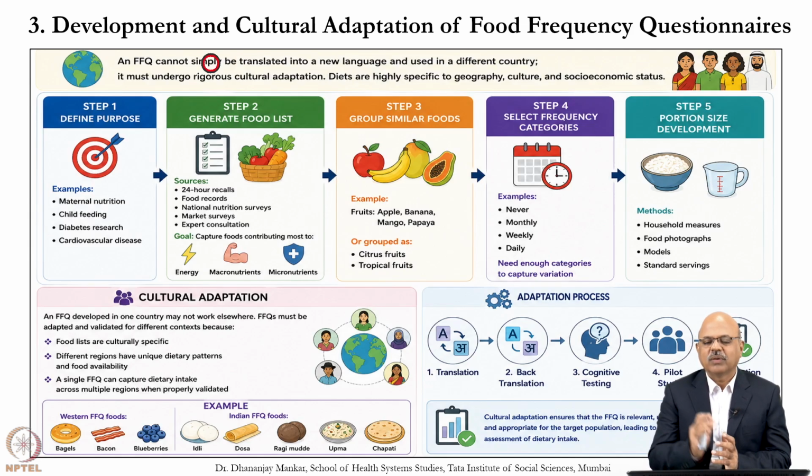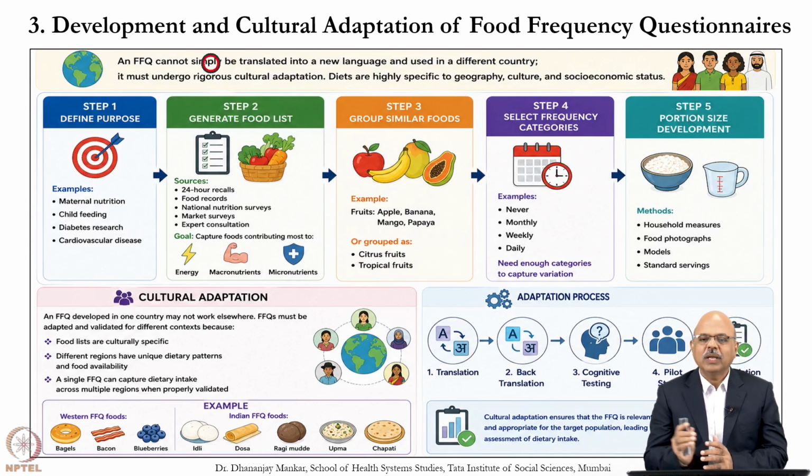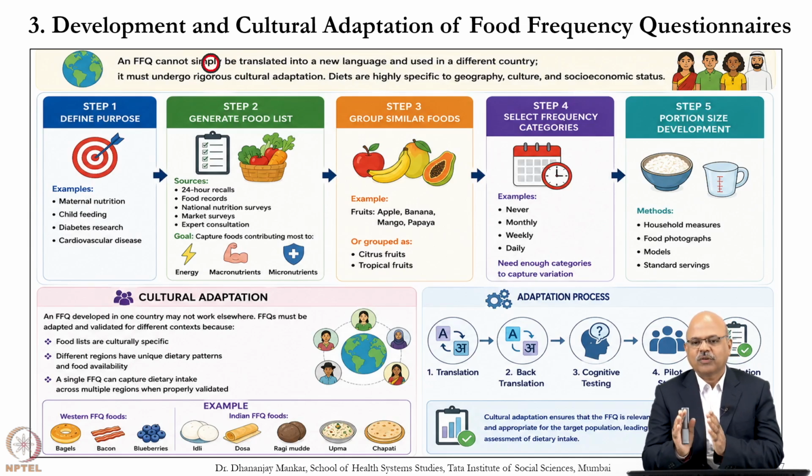For example, never, monthly, weekly, daily, or twice a day, twice a week. You need enough categories to capture the variation. Then comes the very important part, portion size, whether you use household measures, calibrated cups, food photographs, models or standard servings.